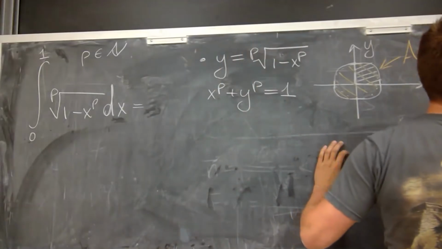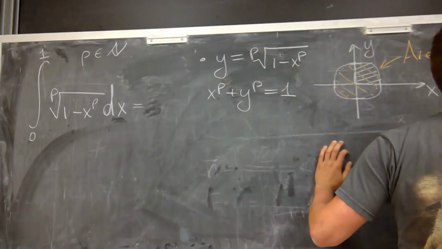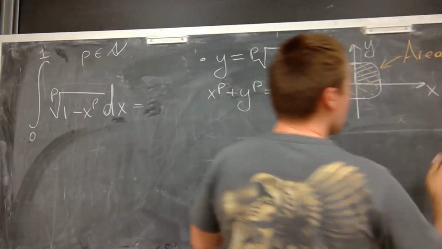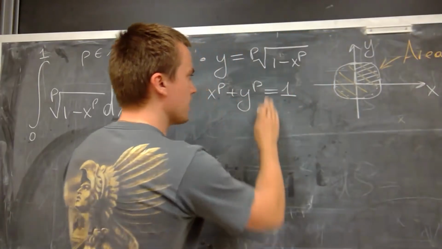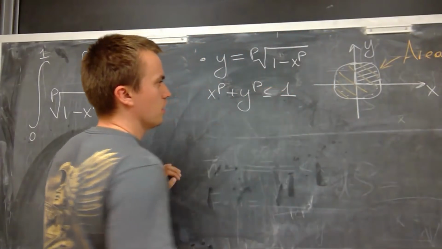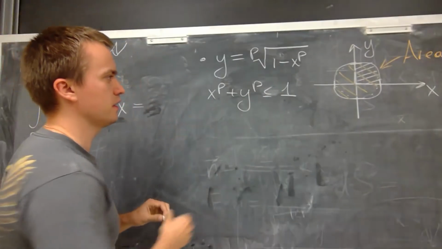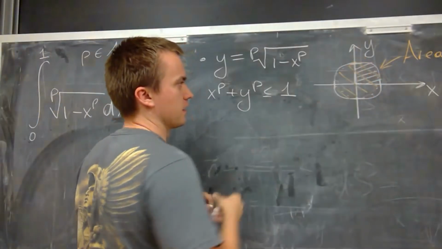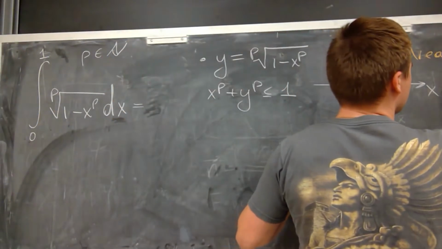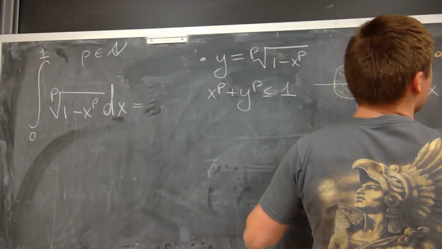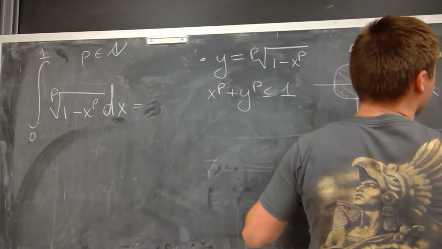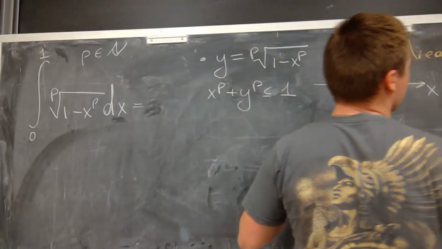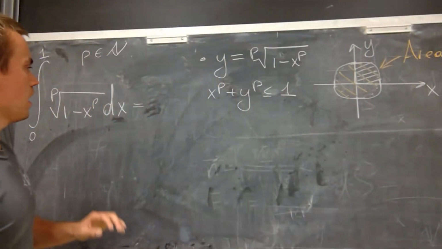Here we'll have my dA, and I'm integrating over the region which is represented by all points inside, and this is exactly x to the p plus y to the p less than or equal to 1. And what do I know?